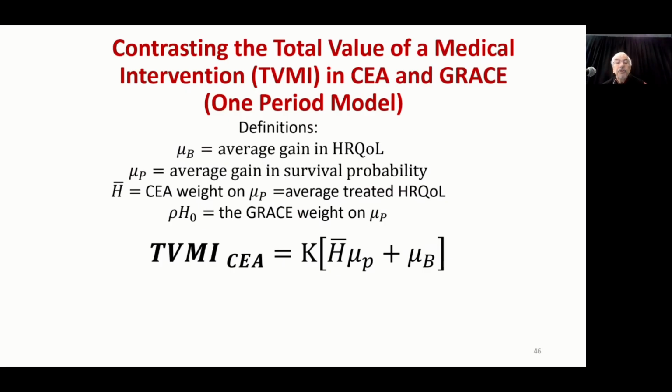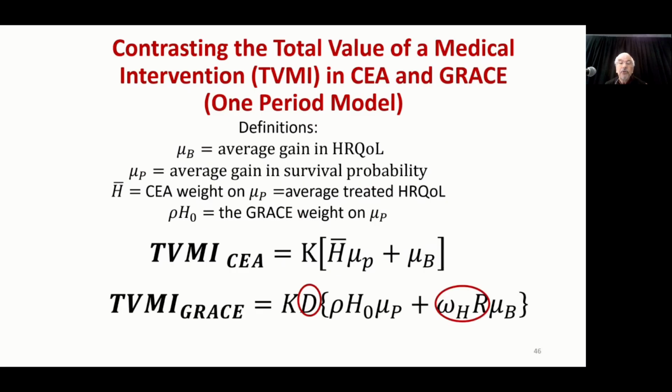Cost effectiveness says that the value of a medical intervention is the willingness to pay value K, and then you have the gain in survival probability weighted by the average quality in that survival period. And then you also get the gains in health-related quality of life, mu B, and those extend over the life expectancy of the person. That, in a single simple period, is the value.